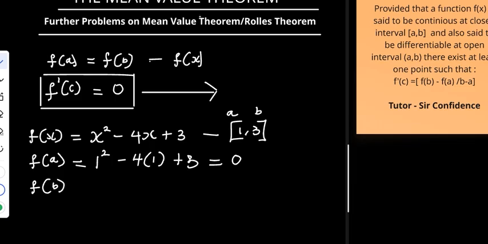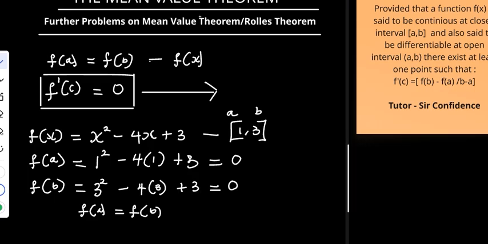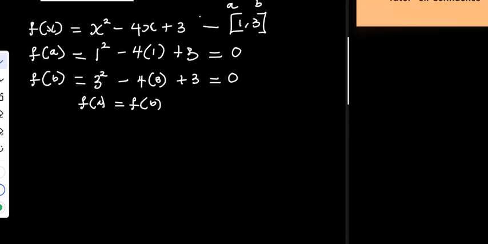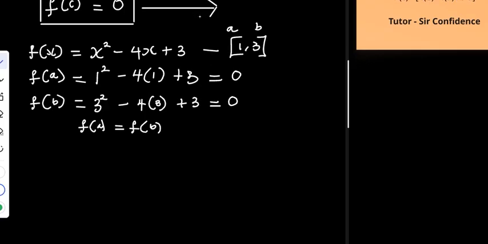F of b is going to be 3 squared minus 4 into 3 plus 3, and that is going to give us 0. So f of a is 0, f of b is 0, equal to f of b. So this is satisfying Rolle's theorem. So therefore, we can say that f prime of c is equal to 0.